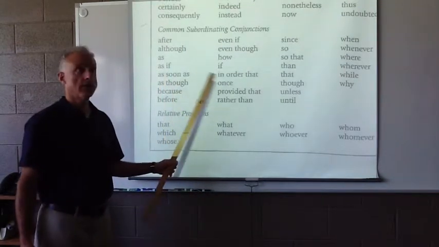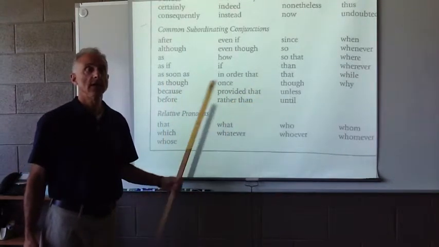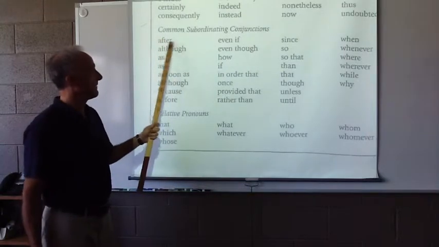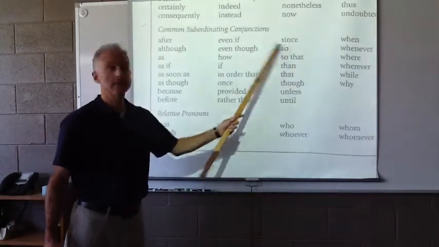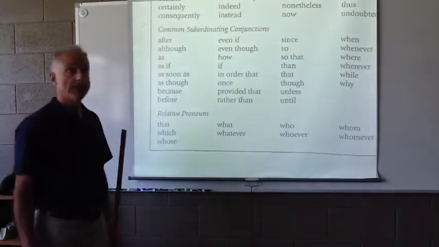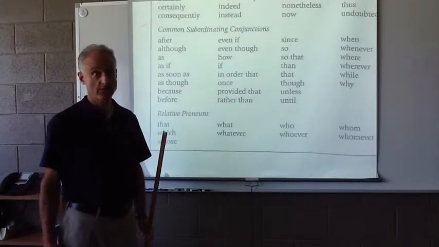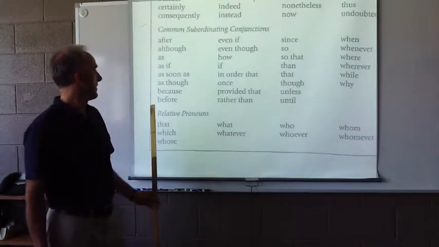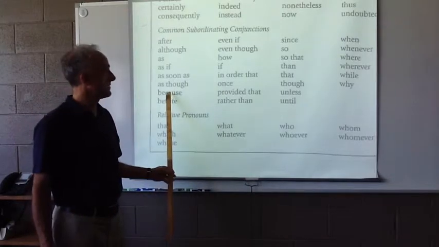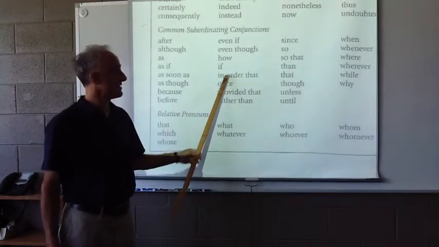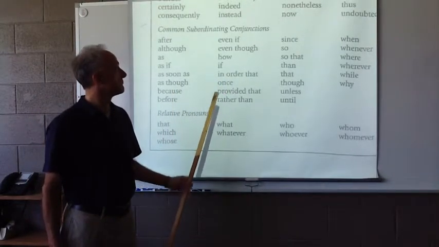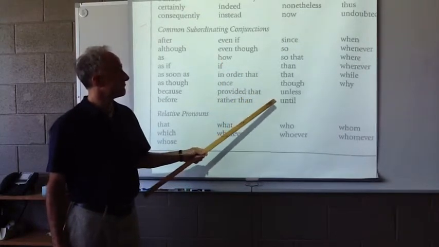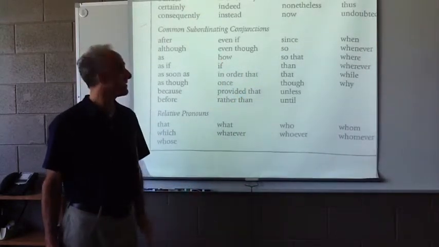So several of the conjunctions indicate time: after, when, since, so on. Several of them indicate cause-effect situations. Because is cause-effect. In order that is cause-effect. So that would be cause-effect.